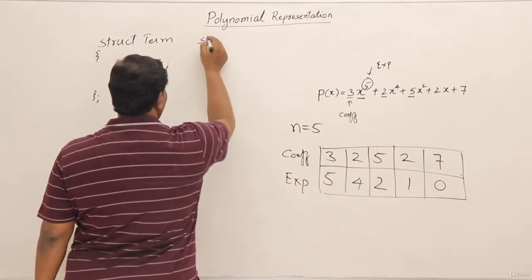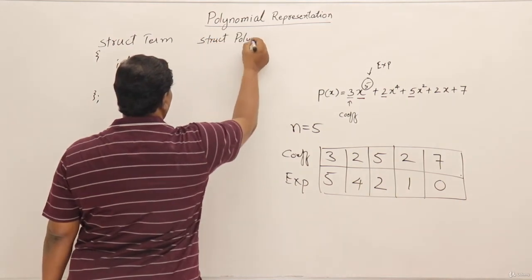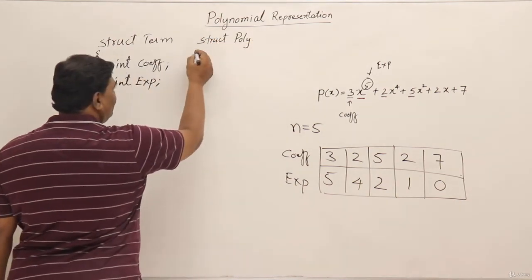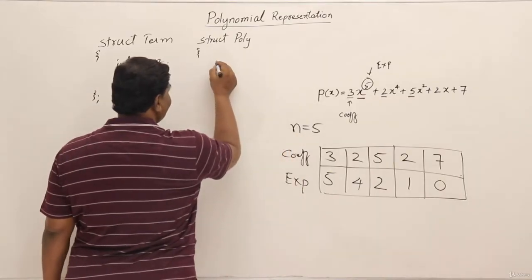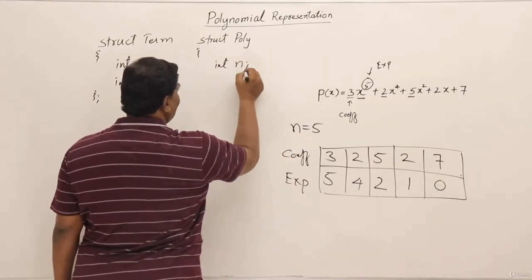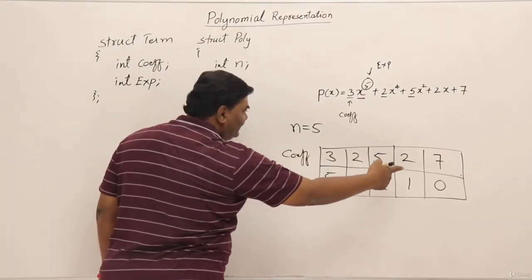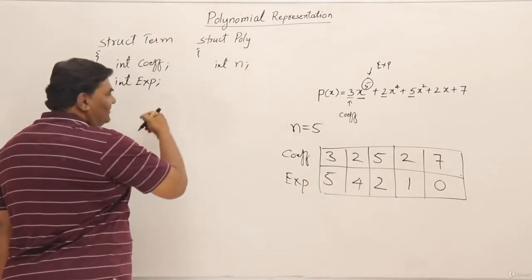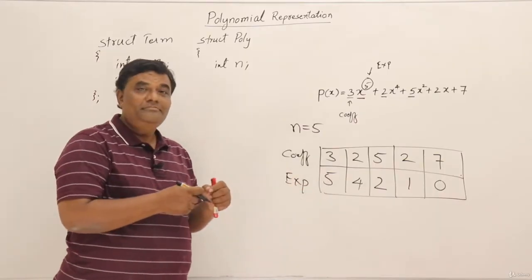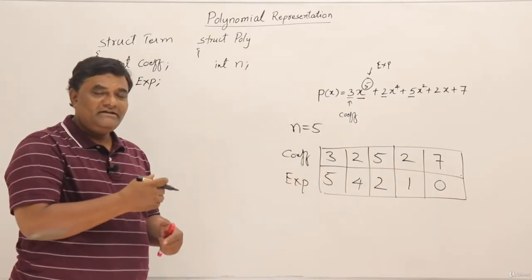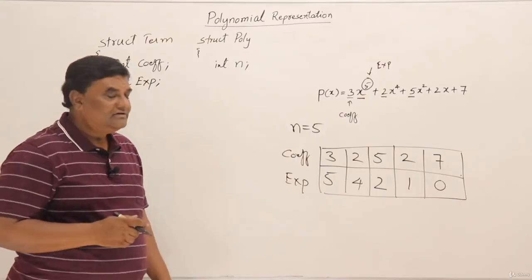So now let us define struct polynomial. I write it in short as poly. Then a polynomial should have the number of non-zero terms, that is n, and an array of these terms. Now for the array of terms, either I can declare an array of terms, or else I can take a pointer and dynamically create an array of terms.